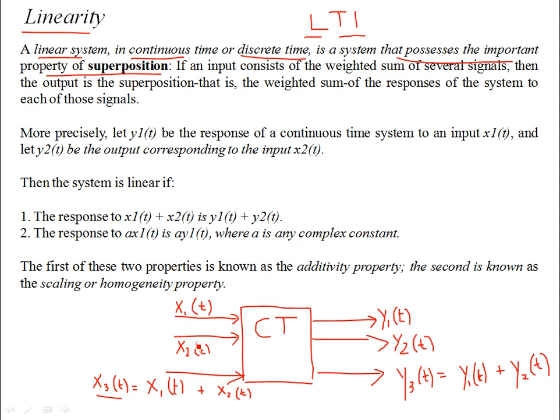In general, you can have more than two inputs. It could be x1 plus x2 plus x3 and so on up until xn, where n could be an integer up until 100, let's say. For those inputs, if the output is the superposition of the responses to the individual inputs, in the same way that you get by applying these inputs separately, the system is linear.